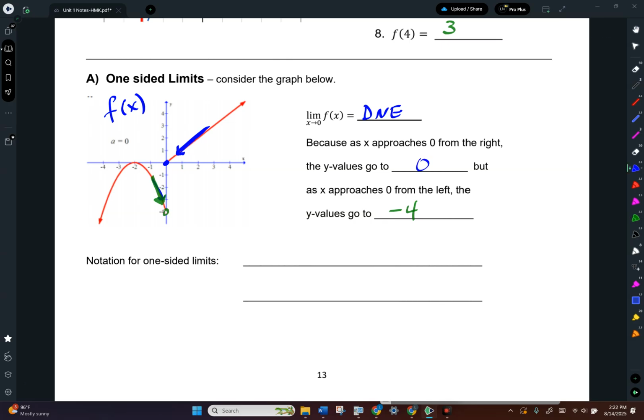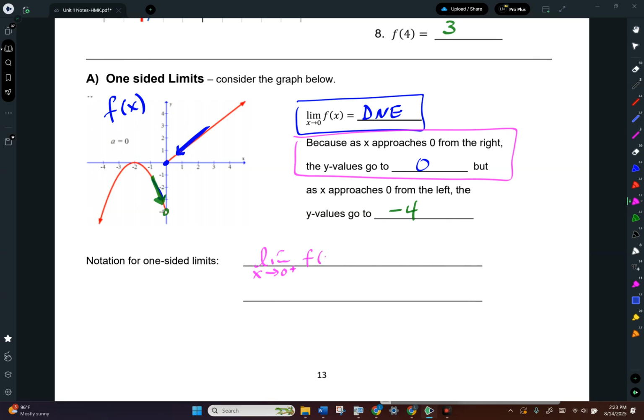So the way we would write this notation is, even though the limit as x approaches 0 overall does not exist, the way to write this is to say the limit as x approaches 0, and from the right we put kind of like a little plus sign. It's kind of like an exponent of a plus sign. So that means as x approaches 0 from the right, of this function.